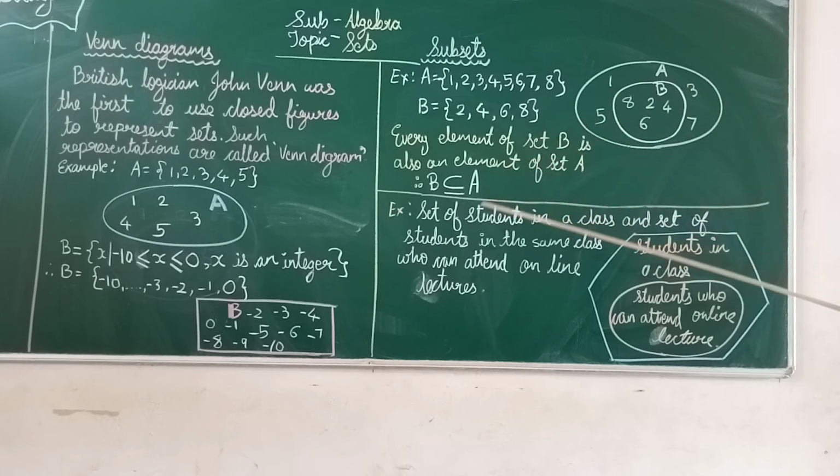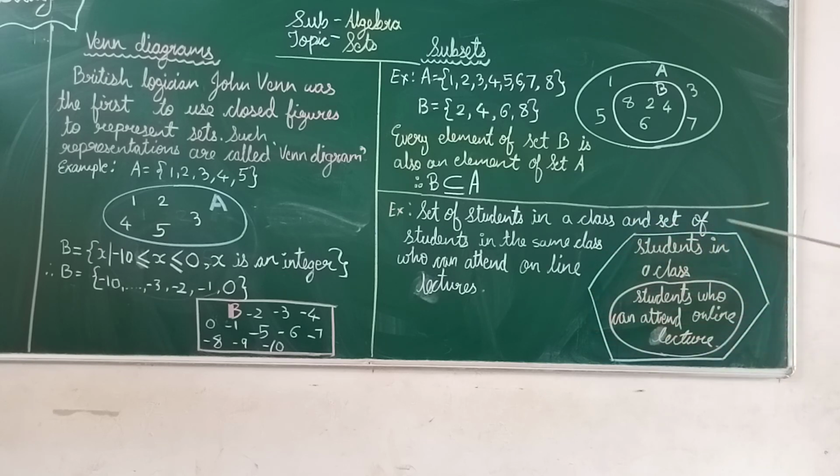Another example is the set of students in a classroom and the set of students in the same class who can attend online lectures. This is how I have represented the Venn diagram. Here I have used a hexagon.